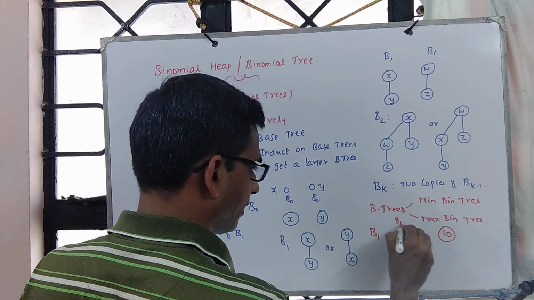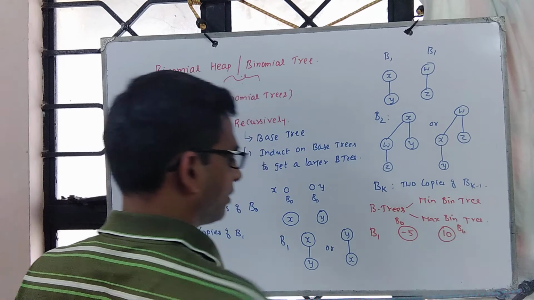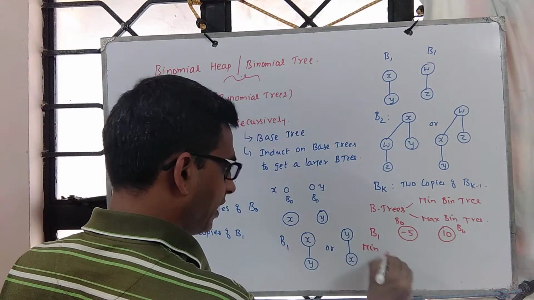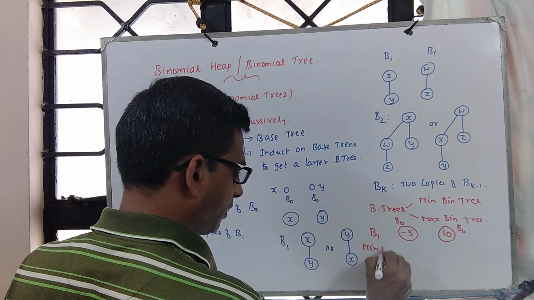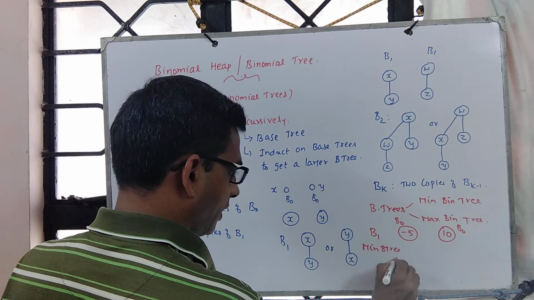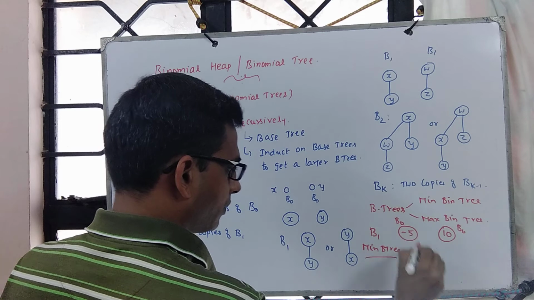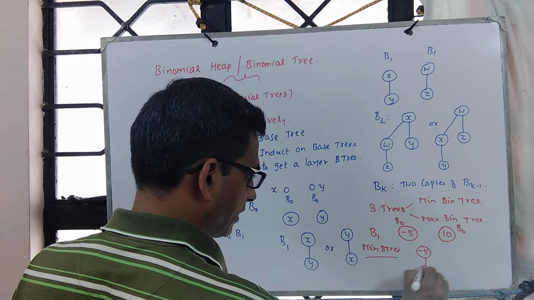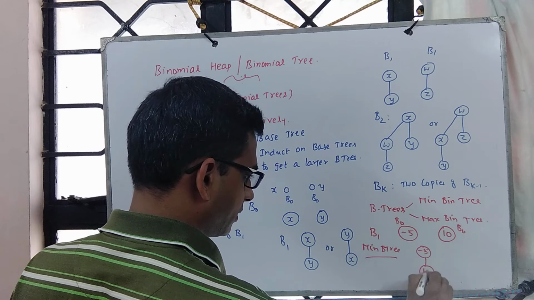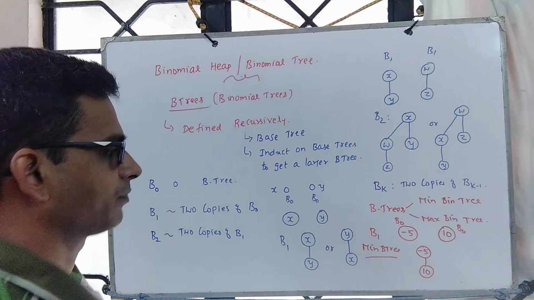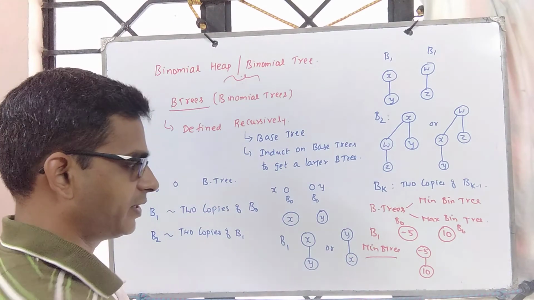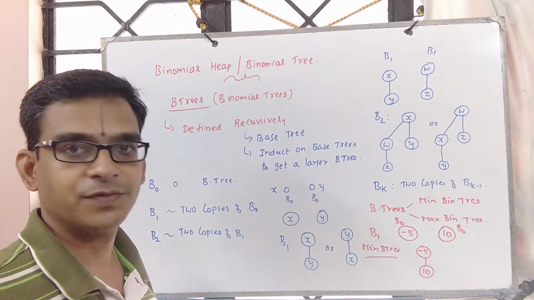So this is my B0 and this is another B0. Suppose we are interested in constructing a minimum binomial tree. Then out of these two, the one that has the minimum value will be the root, and the other one will become its child subtree. Similarly, if you want a max binomial tree, 10 will be the root and -5 will be down.